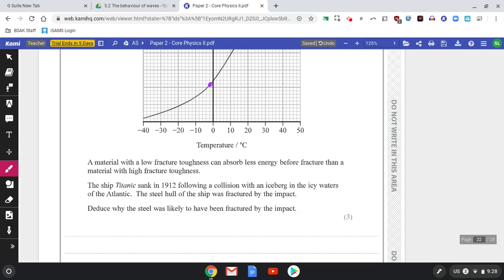The steel hull is colder, so the fracture toughness is quite a lot lower than normal. If the fracture toughness is lower, it can withstand less energy on impact before it fractures. And if you sail a ship into an iceberg, you're going to impart quite a lot of impact energy on the hull, which is going to be enough to break it and sink it.